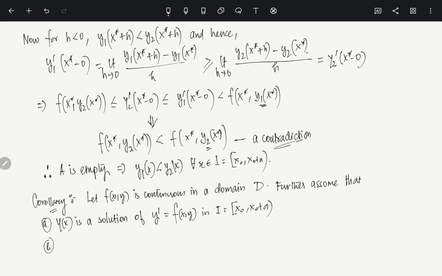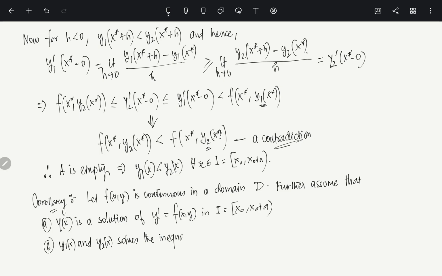You need y, which is the solution of this equation, and y1 of x and y2 of x solve the differential inequalities.